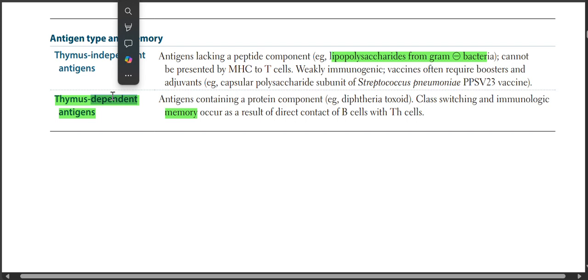Then when the stronger version of the virus comes in, the body remembers that it fought the weaker version, and knows exactly what to do to fight the stronger version. So it can immediately mount an attack. I have a good illustration of this, and I will send it in the group.